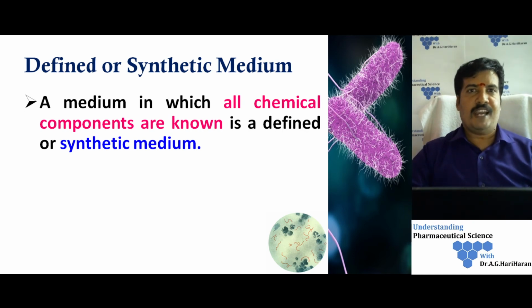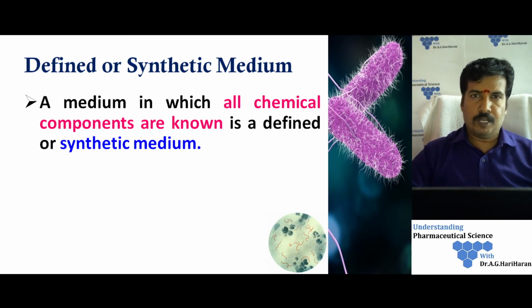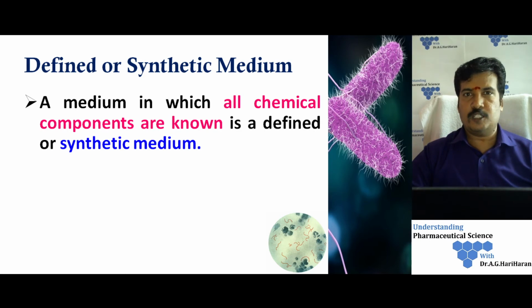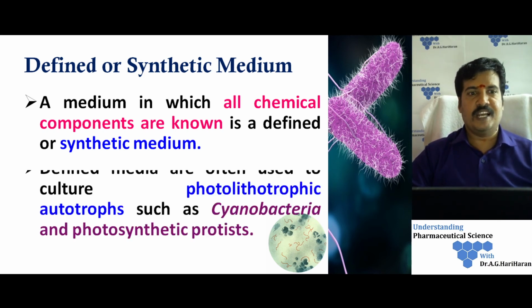That means if I add 1 gram of glucose, the molecular formula of glucose is C6H12O6. In 1 gram, I know how many atoms of carbon, hydrogen or oxygen I have added. So we know the well defined components we are adding in this media, right?